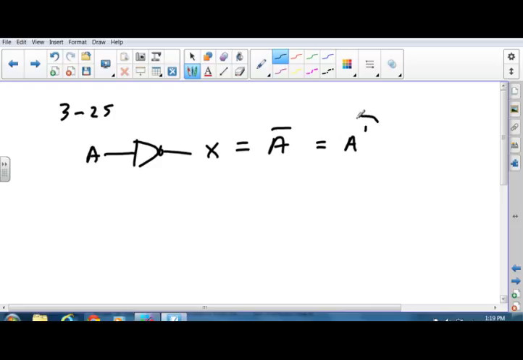But this guy, A with just an apostrophe, that's easy to enter into the computer. So in Multisim, if you want an A naught, you'd use this, because how are you going to get the A bar? But in writing it and doing your homework, you use the A bar because that's easy to do with your pen.